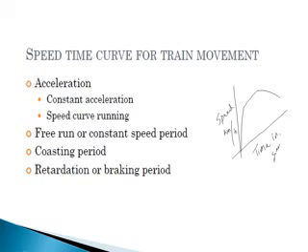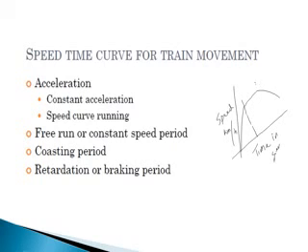The slope of the curve at different times gives the acceleration at the corresponding instant or speed. Suppose this portion indicates the speed of running curve. That means up to this time the train is moving with increasing speed. That means the train is achieving the speed.